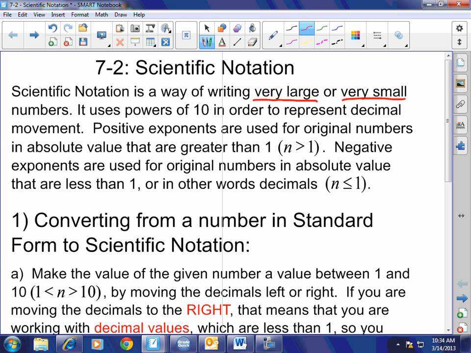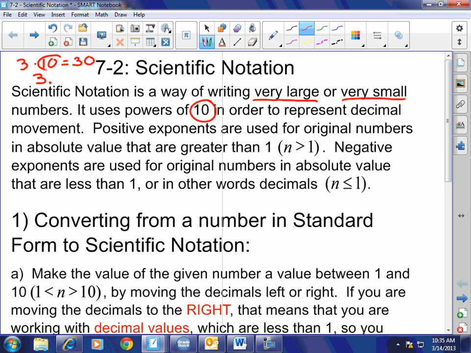Scientific notation uses powers of 10 in order to represent decimal movement. Whenever you move a decimal, you're really either multiplying by 10 or dividing by 10, just so you know. For example, 3 times 10 equals 30. We all know that, but did you know why? Here's the decimal behind the 3, right?